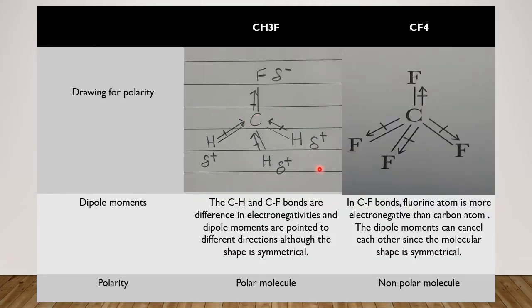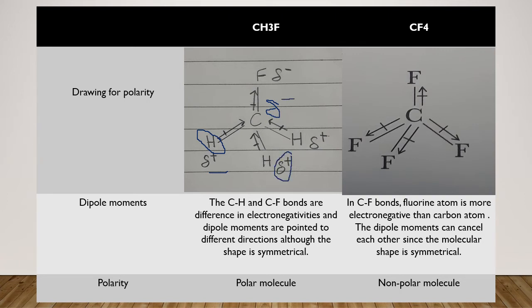Okay, this is the drawing to show the polarity of fluoromethane. The carbon atom is at the center, followed by the other atoms. You can see there's an arrow here, which is used to indicate the direction of a bond polarity from the less electronegative element to the more electronegative element, which means that the hydrogen atom here is partially positive compared to the carbon atom, which is partially negative.